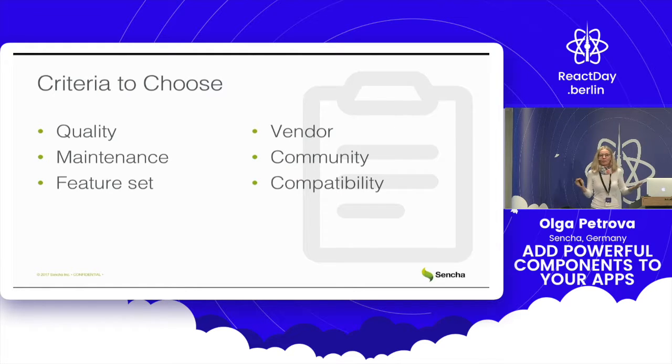And in general, what criteria should we take into account when we choose a component? Of course, quality of code, if this component is under maintenance, feature set, if it supports everything that we need, who developed this component, if the community is big enough to get answers for your questions, and compatibility, if this component is more or less compatible with other components that you are using.